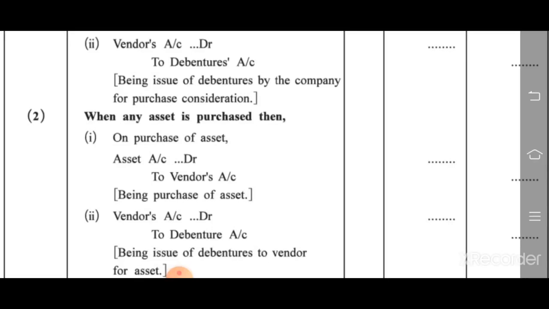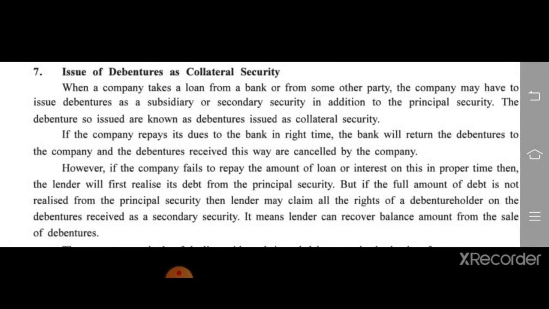Second, when any asset is purchased, then asset account debited to vendors account, being purchase of asset. Second entry, same here, vendors account debited to debenture account, being issue of debenture to vendor for assets.